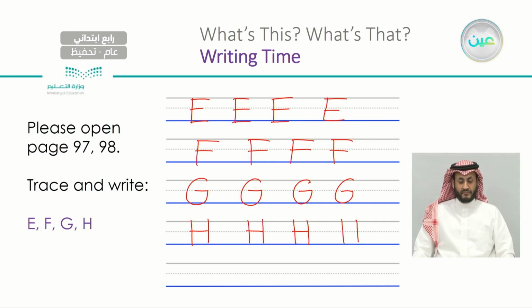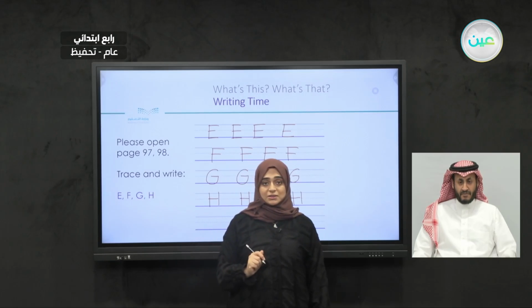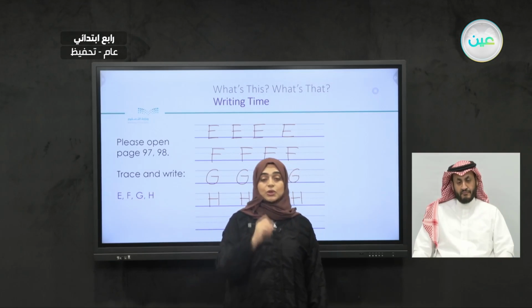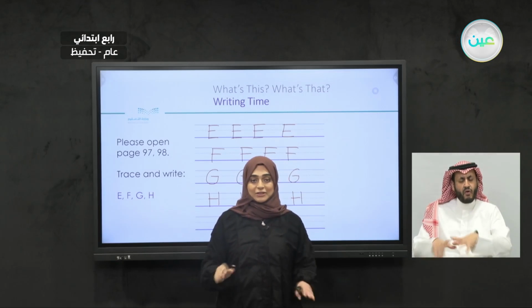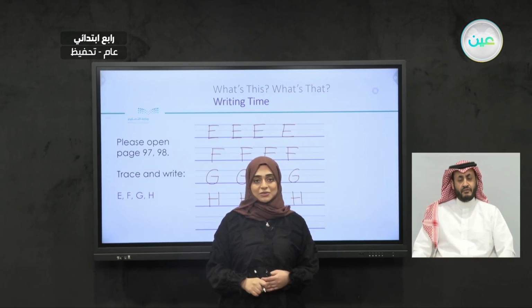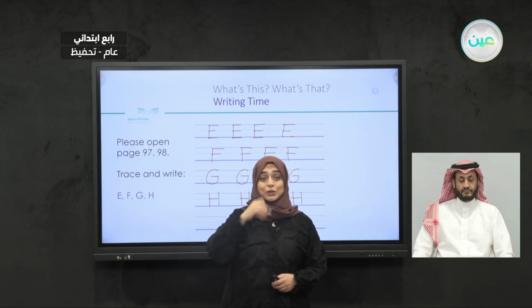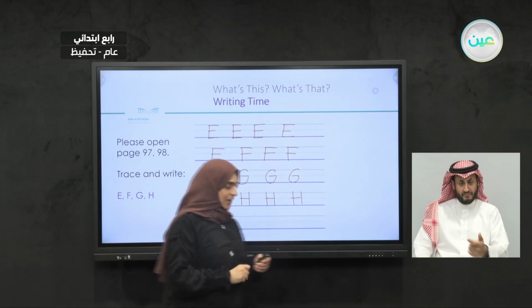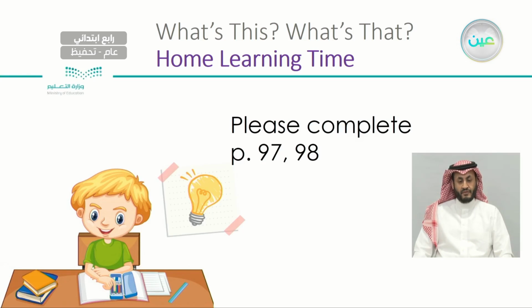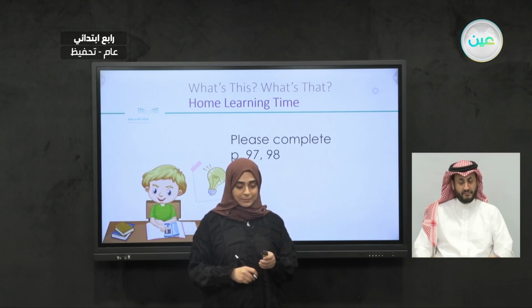Uppercase H. Are we getting used to this? I'm sure you can write all these letters effortlessly and even with a beautiful handwriting, right? We're getting used to writing. So moving on, I'm going to remind you to complete pages 97 and 98 for home learning, okay?